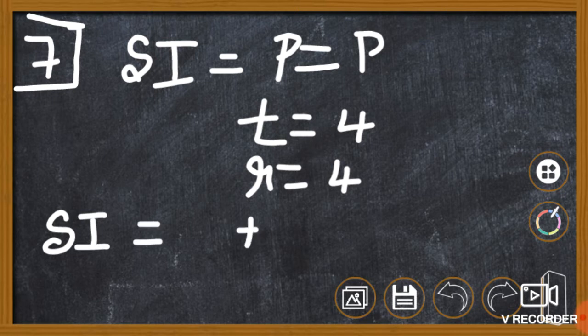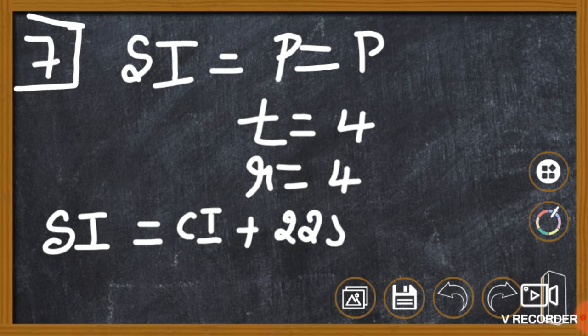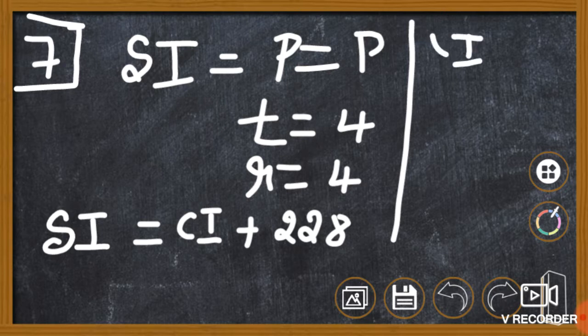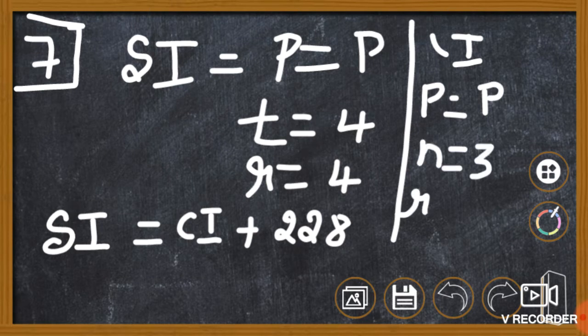That means in this case, simple interest is more than compound interest. This simple interest exceeds the compound interest by 228, and for the compound interest, the principal amount is the same, that is P itself, but N is 3 years and R, the rate of interest, is 5%.